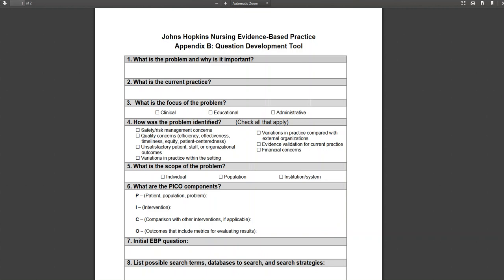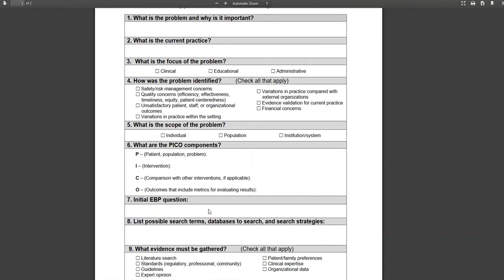And then you're going to list your possible search terms. So I need you to identify for me how you're going to look for this. So if it's critical care, acute, hospital, something like that for the P. For the I, it would be tubing, IV tubing, or maybe intravenous or medication administration.